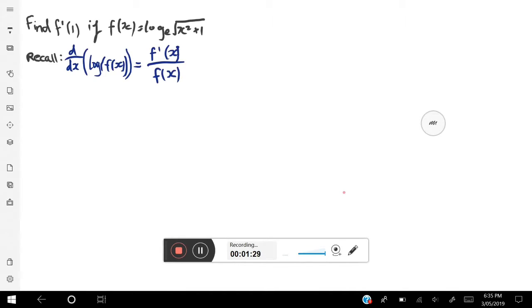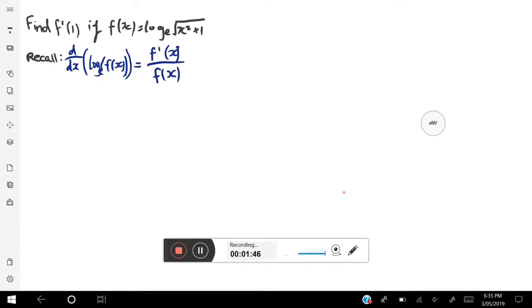Now you just have to know this. Anything that's within the brackets of log, you just differentiate that, put that on the numerator, and put the function itself in the denominator.